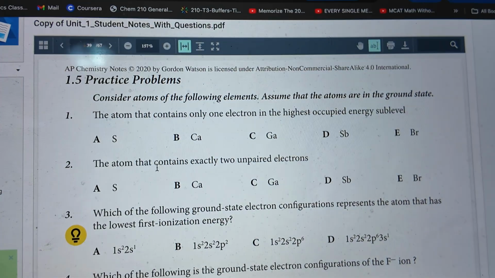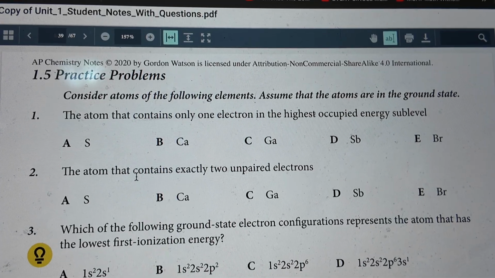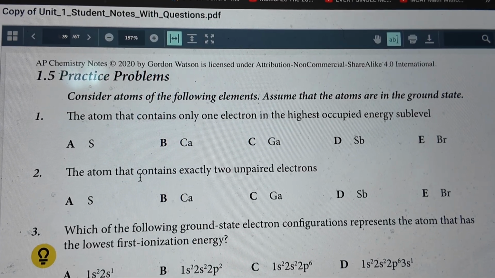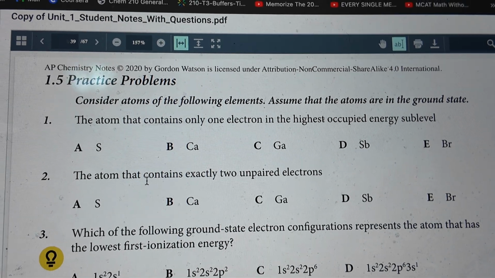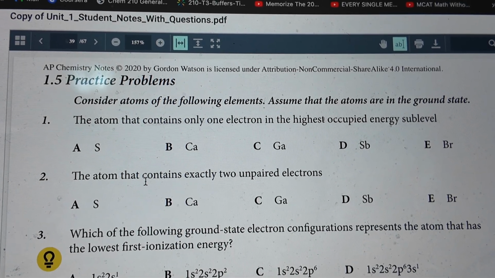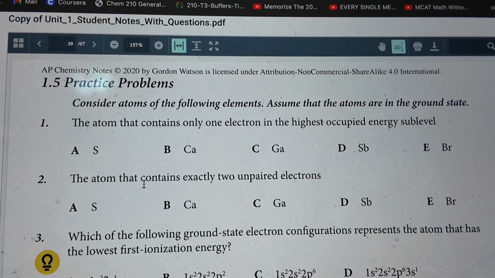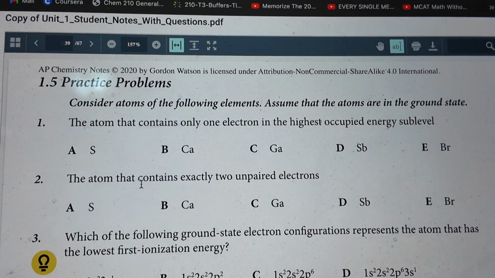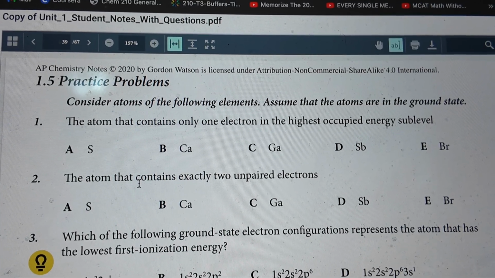Okay, let's look at question number 2. Which atom has exactly 2 unpaired electrons? So this one requires an extra step. This one requires you to not only write down the sublevel, but then go and draw the boxes for the electron pairings.